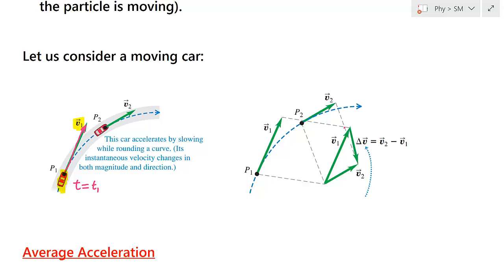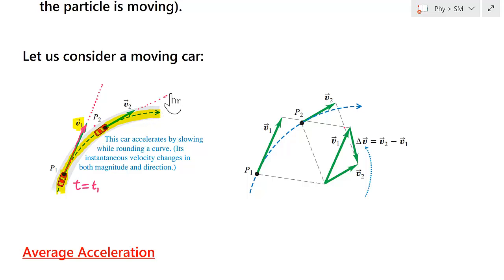Now see, this car is moving in a curved path. After some point of time, this car has reached this point, that is point P2, and the velocity direction has changed. Initially the direction of velocity was in this direction. Now the velocity direction is in this direction.